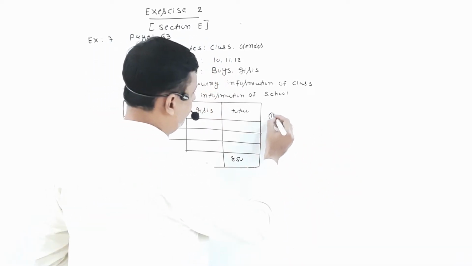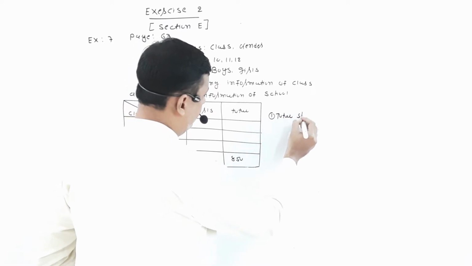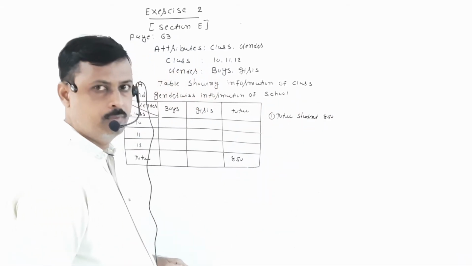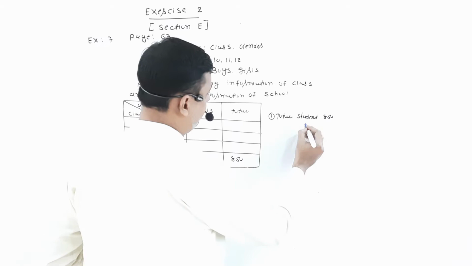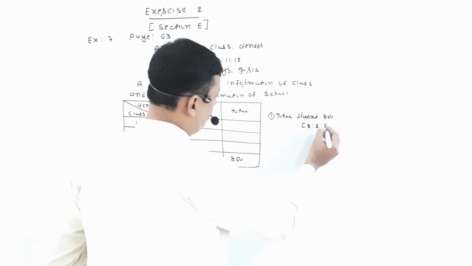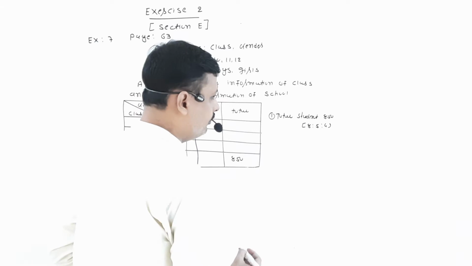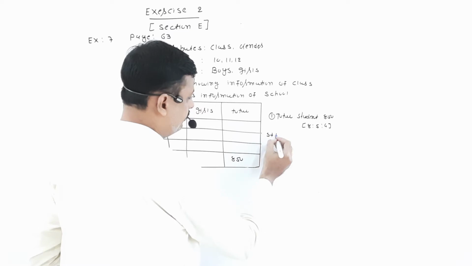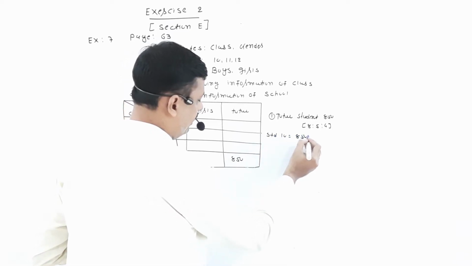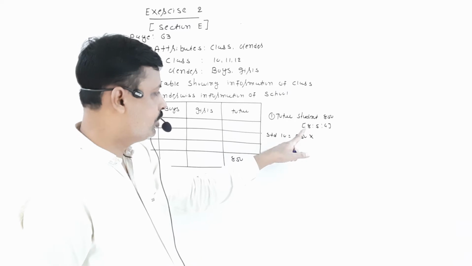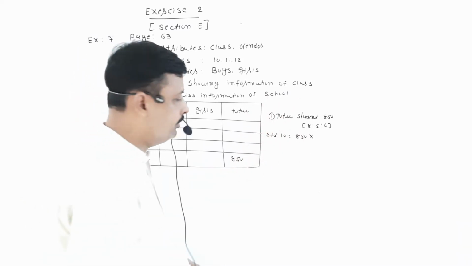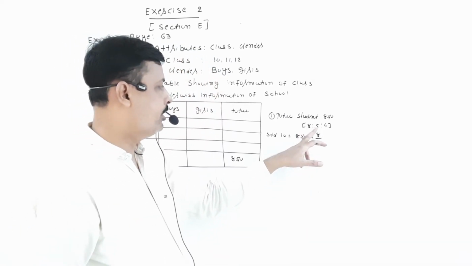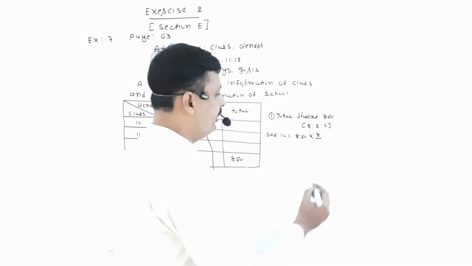Here total students 850 and the proportion is 8 is to 5 is to 4. So for standard 10, 850, proportion is 8, so multiply by 8 and divide by total. 8 plus 5, 13, 13 plus 4 becomes 17.